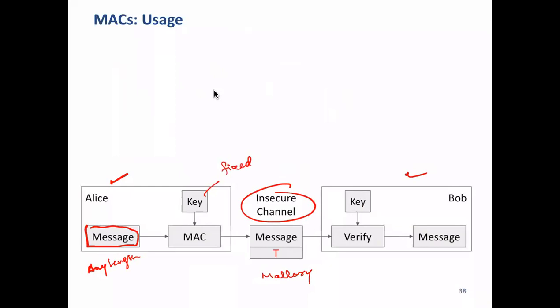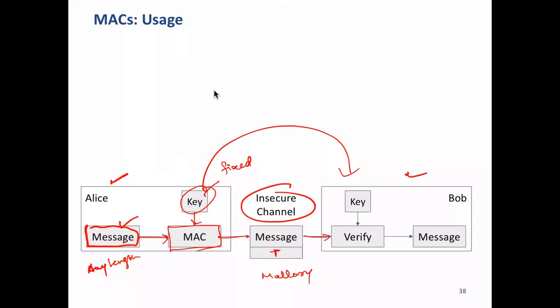Note that this key here and the key that Bob has are the same. Now take this message, use this key and do this MAC function. And now what you send out is both the original message and the MAC output, which you call tag or T. So we send message and T to Bob.